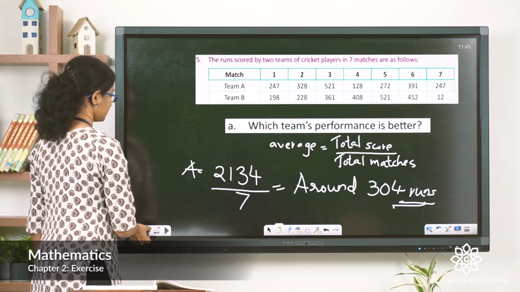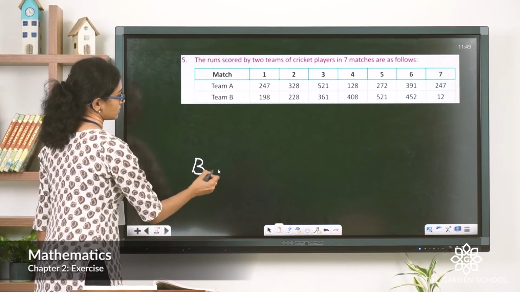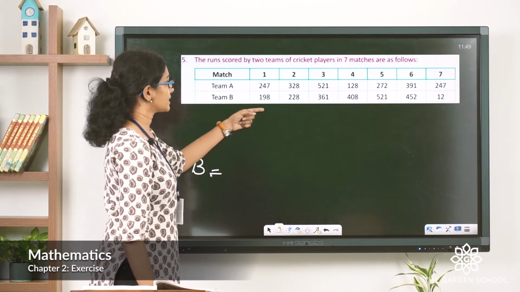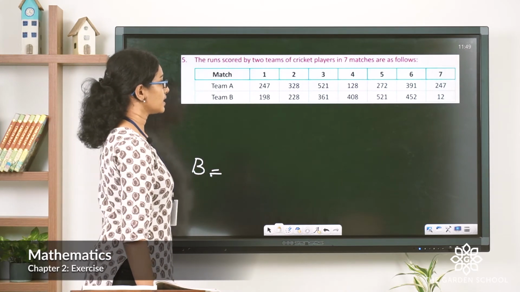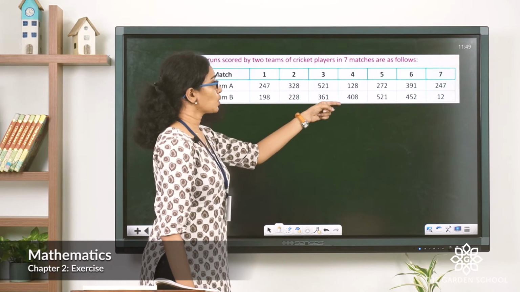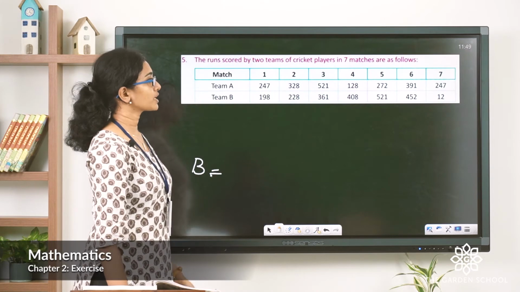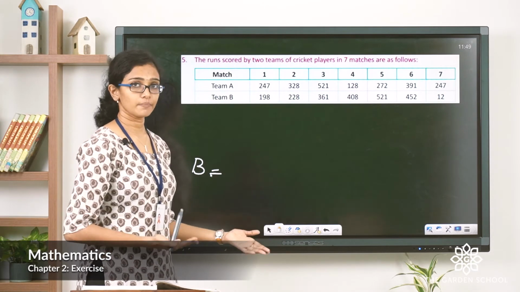So what about team B? For team B, the average score will be equal to 198 plus 228 plus 361 plus 408 plus 521 plus 452 plus 12 divided by 7.